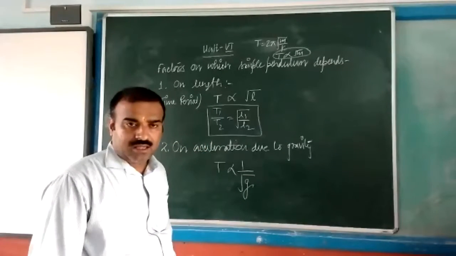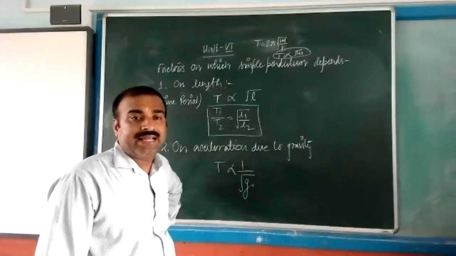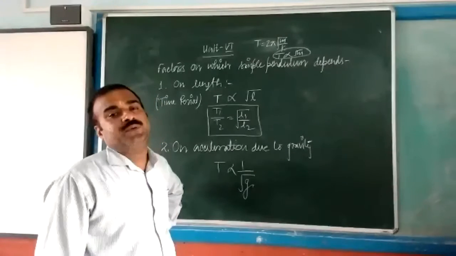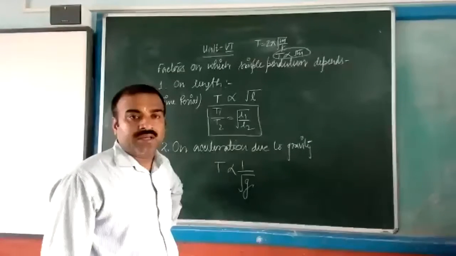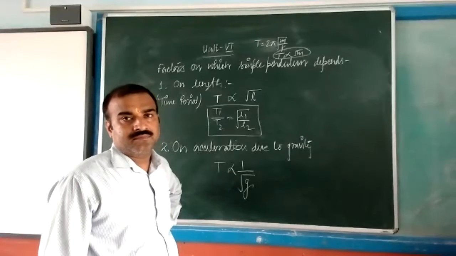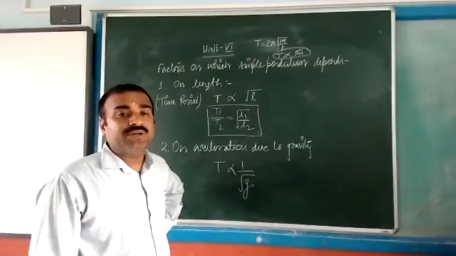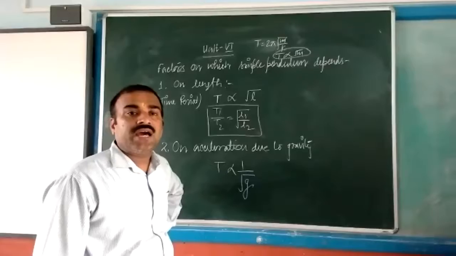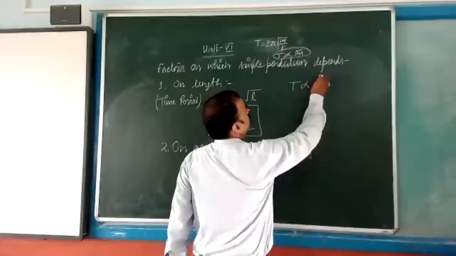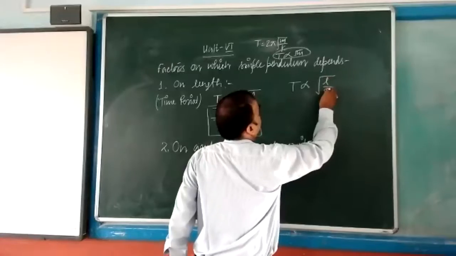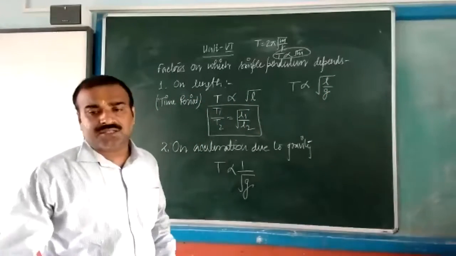T is inversely proportional to the square root of the acceleration due to gravity, not directly. T is directly proportional to the square root of length, but inversely proportional to the square root of g. If we join both equations, we get T directly proportional to the square root of length by g. Clear to everyone? Others?